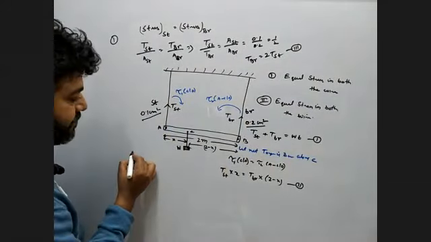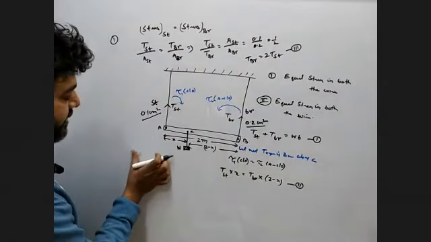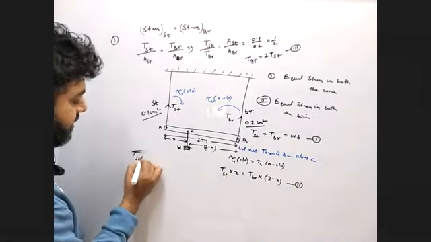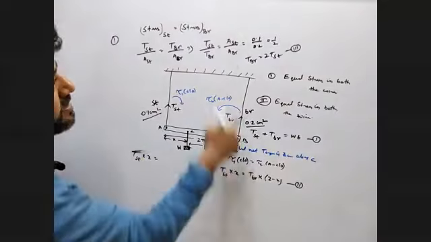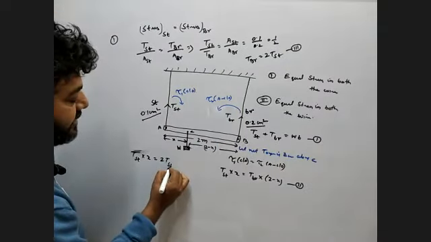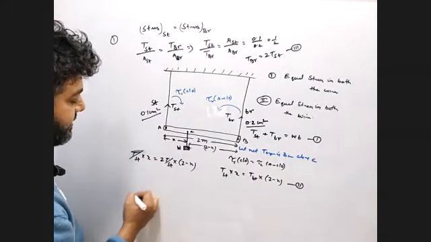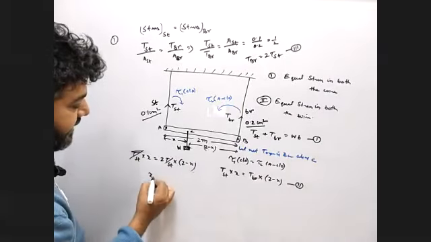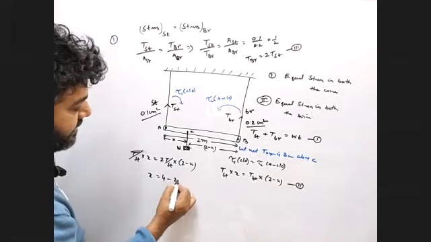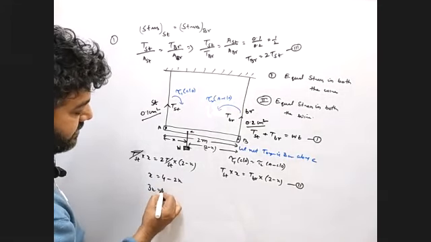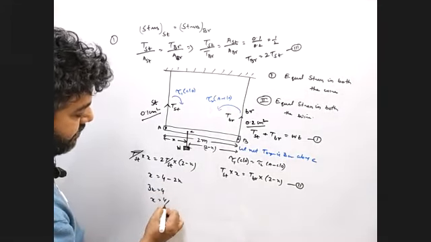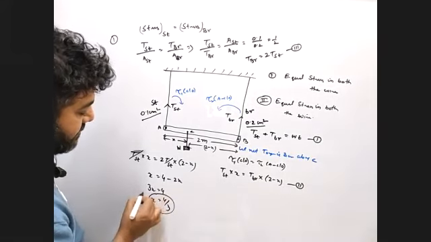See, tension of steel into X, that is brass, we can write 2 tension of steel into 2 minus X. So the steel cancels. So what we have, X is 4 minus 2X, 3X is 4, X is 4 by 3. So that is the first part of the question.